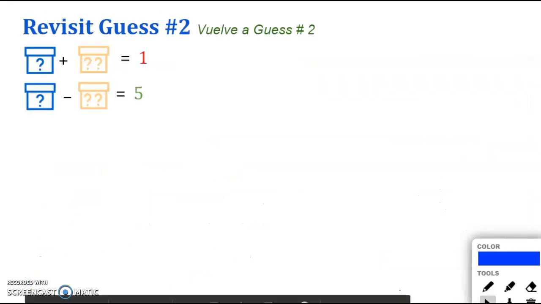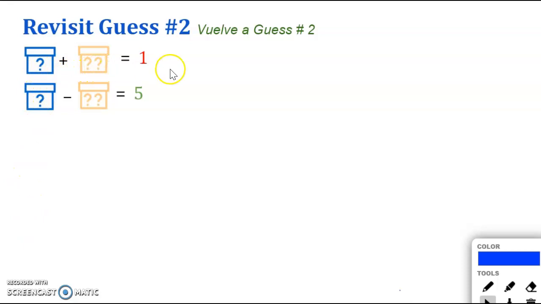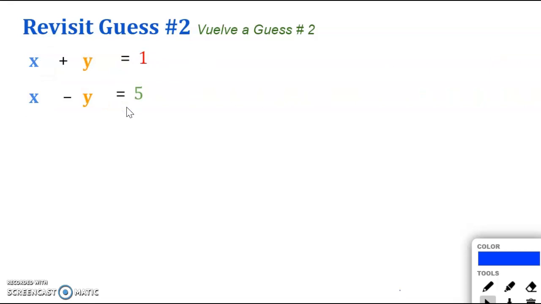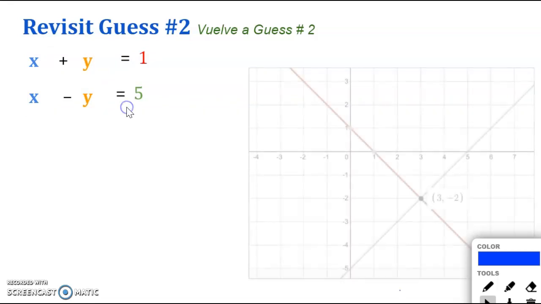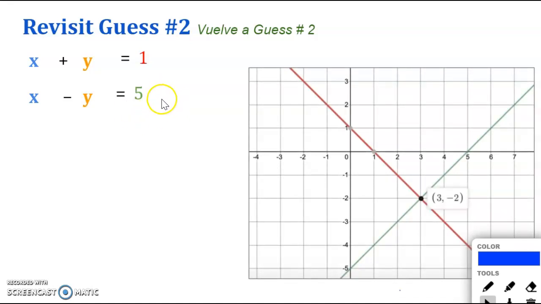Okay, let's consider the second problem. We said the first two numbers add to 1 and then they subtract to positive 5. So that means we can replace that with variable x and y's again. And you have two equations, and we can start by graphing them, and you can use the Desmos graphing calculator for this.